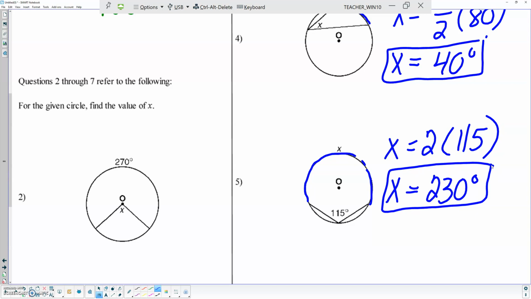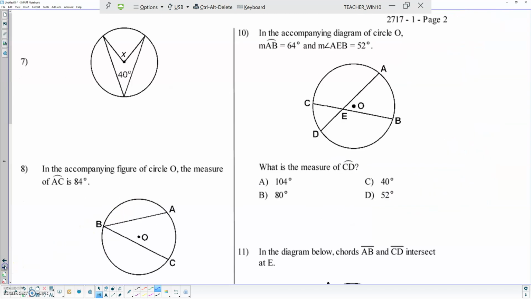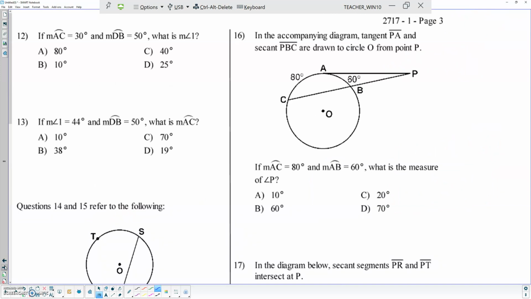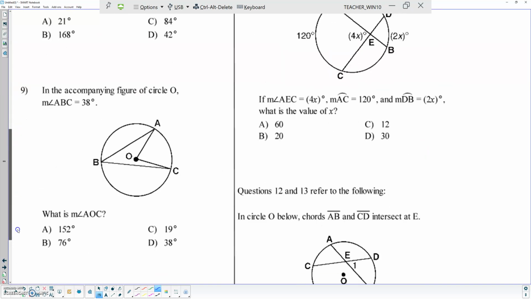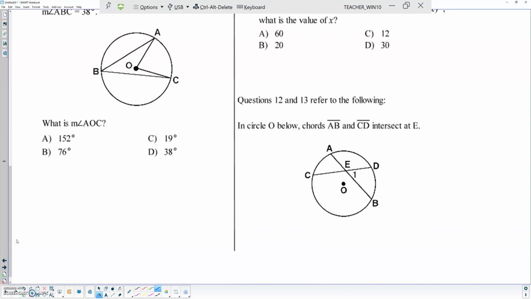The next one I want to take a look at is number 12. The picture is actually on the page before it. It says arc AC is 30 and arc DB is 50. What's the measure of angle 1? We went over this in the last video.